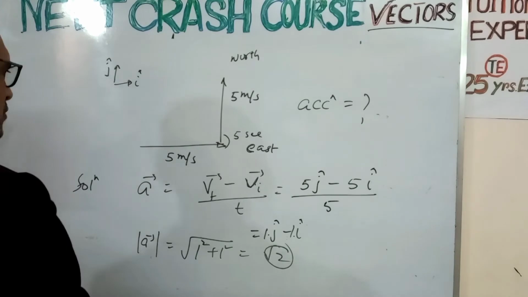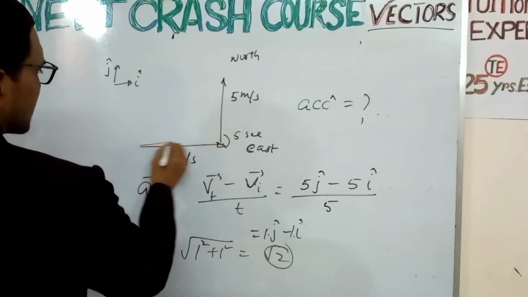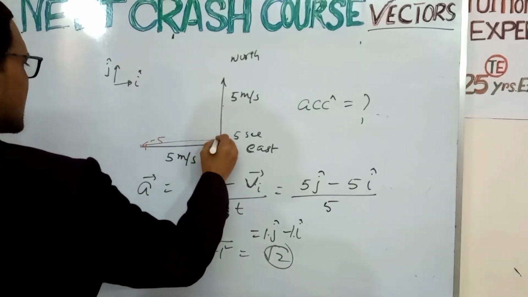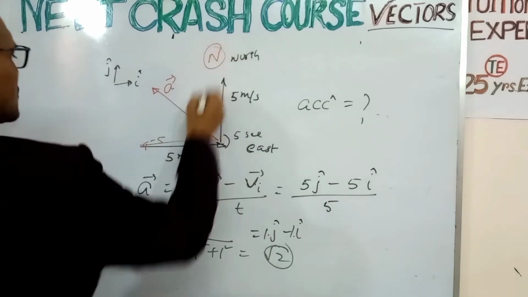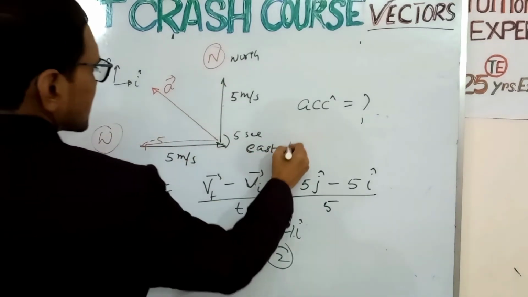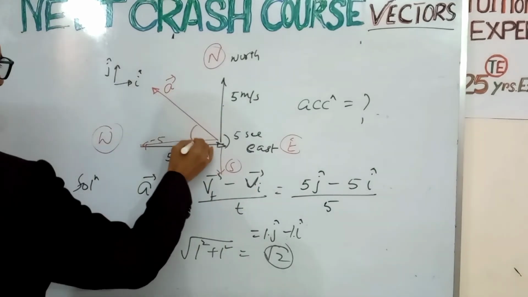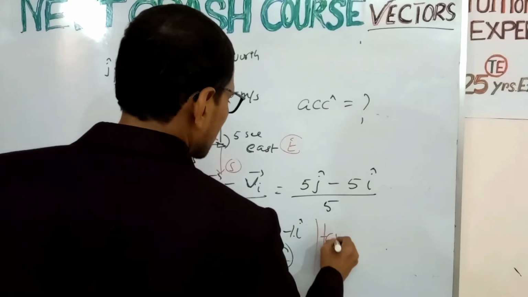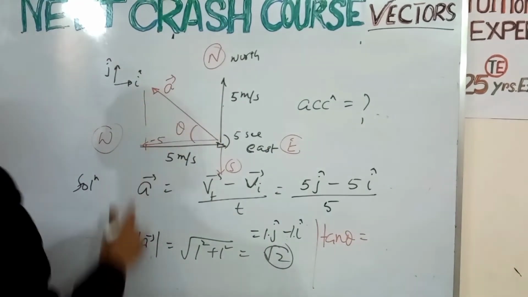Now what is the angle of the acceleration? The direction of acceleration will be along final minus initial vector, that is minus 5 i plus 5 j. So acceleration is along this direction. This is north, this is west, this is east, and this is south. To get the direction we take tan theta equal to perpendicular by base.